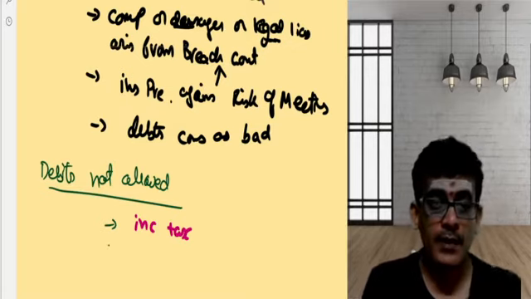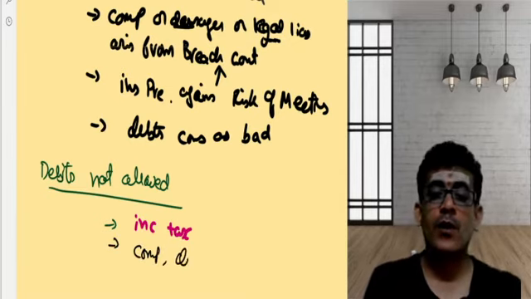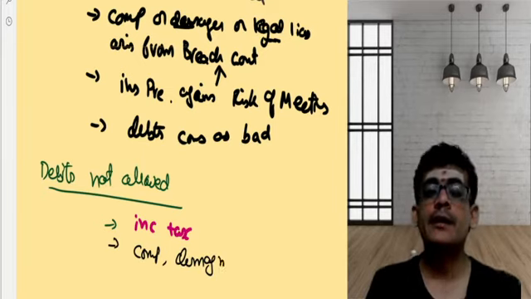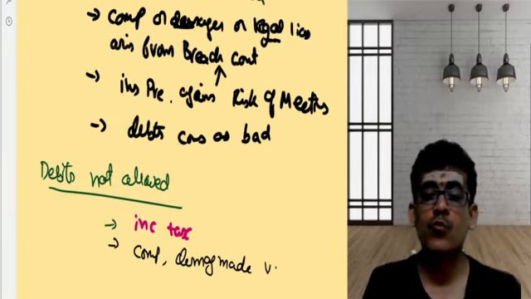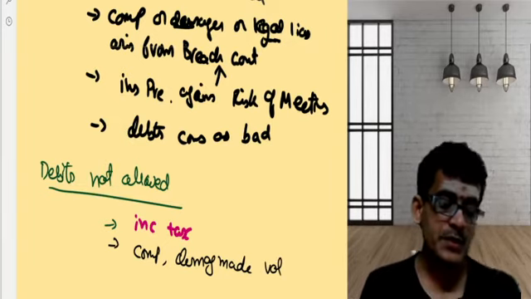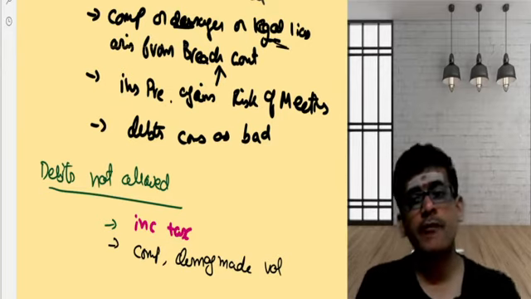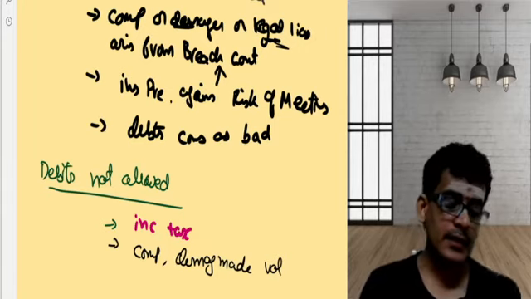Then the next thing says, any sort of compensation or damages made voluntarily. You are making the compensation, you are paying the damage voluntarily. This is not arising by way of legal liability. If it arises by way of legal liability, then that is allowed. If you are paying that voluntarily, then you cannot take this as a debit.